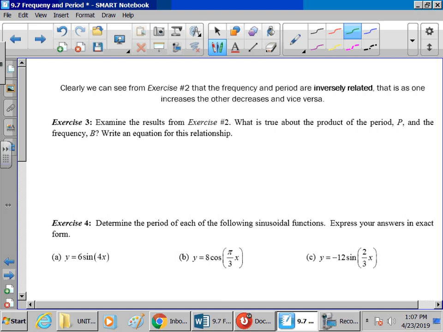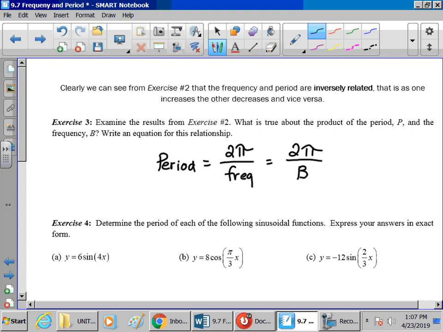Well, hopefully you're recognizing that the period is equal to 2 pi divided by the frequency. Or we can say 2 pi divided by whatever b was.